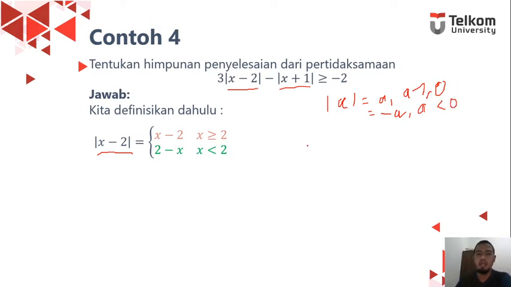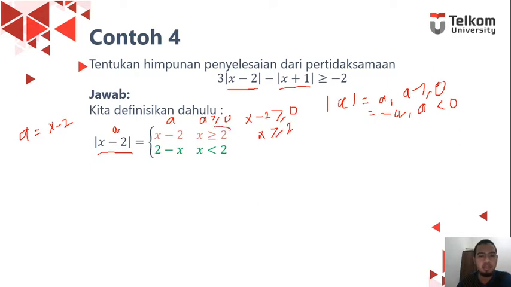So we assume that a equals x minus 2. So this is a, and it will be equal to a when a is bigger than or equal to 0. Means that in this condition x minus 2 is bigger than or equal to 0. So we can get x bigger than or equal to 2.